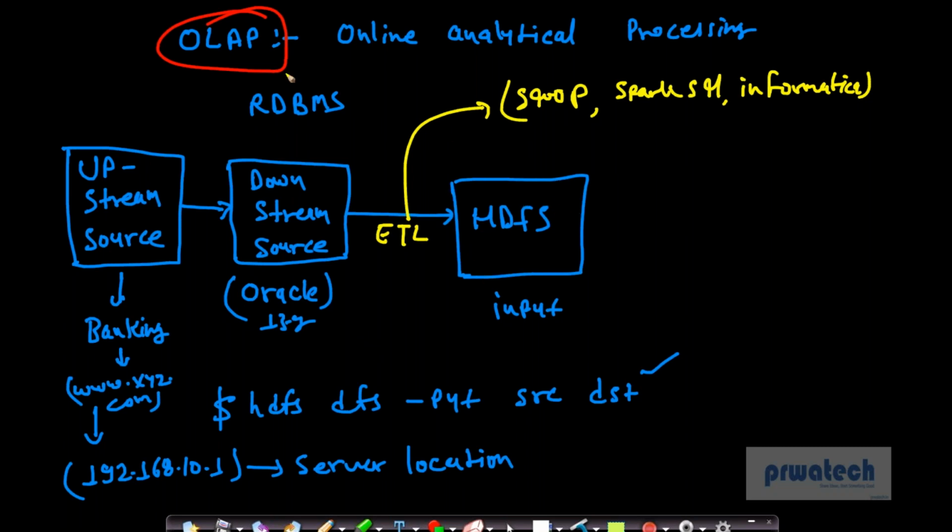But one thing to remember is that all this entry in RDBMS is in the form of a table. HDFS abbreviation is Hadoop Distributed File System. This is not a table now. This creates separate files in HDFS.